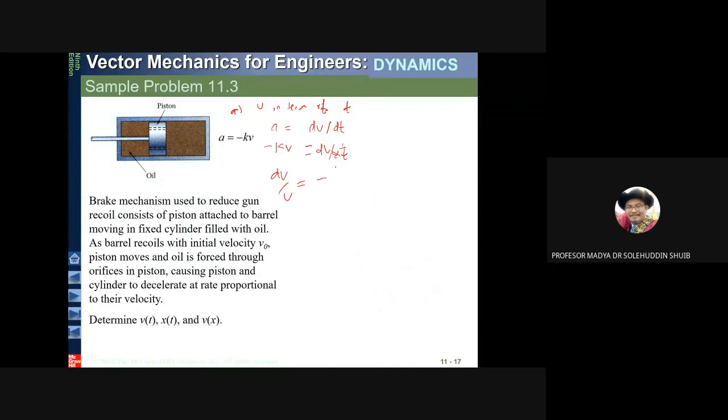Minus K dt. So what you need to do then?